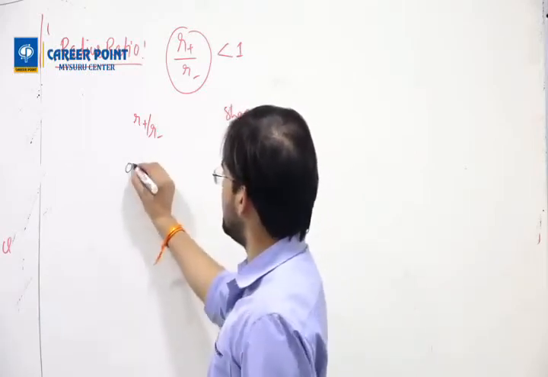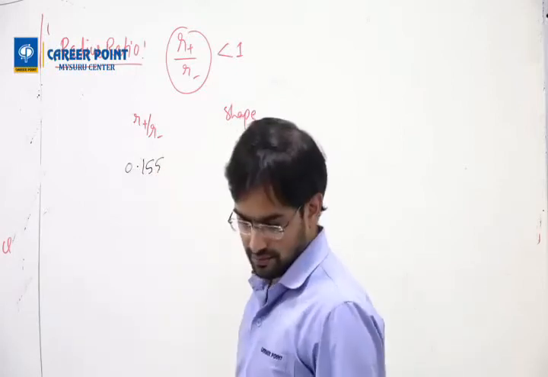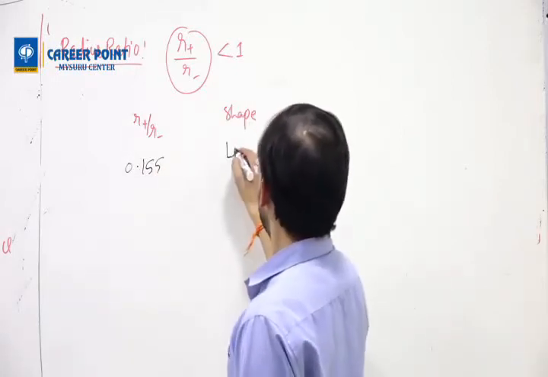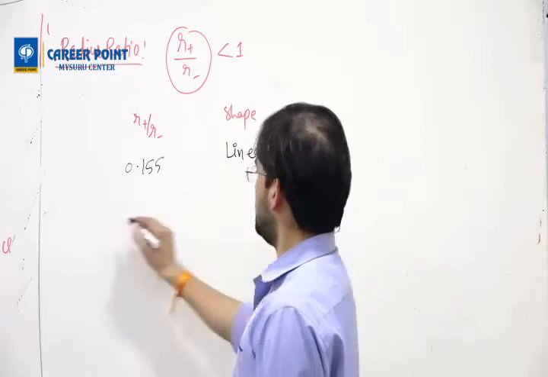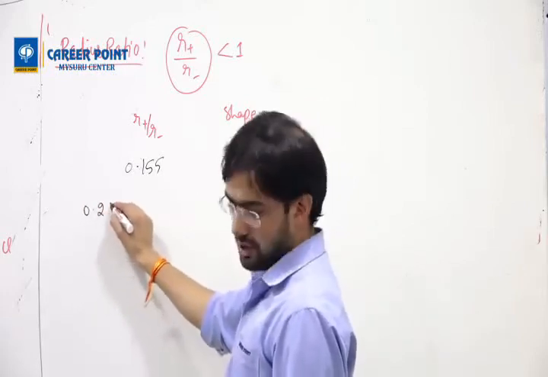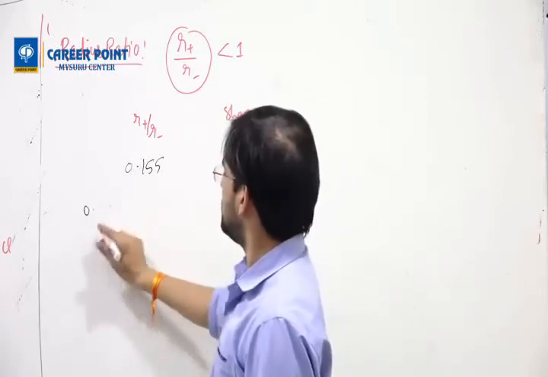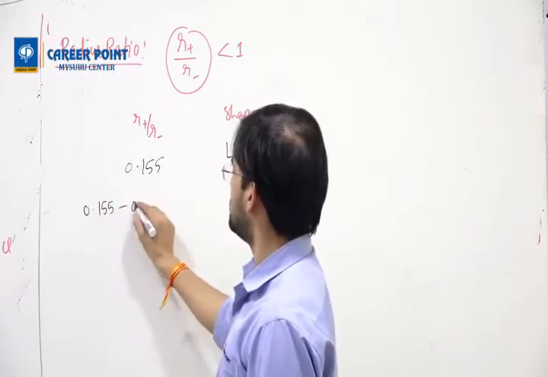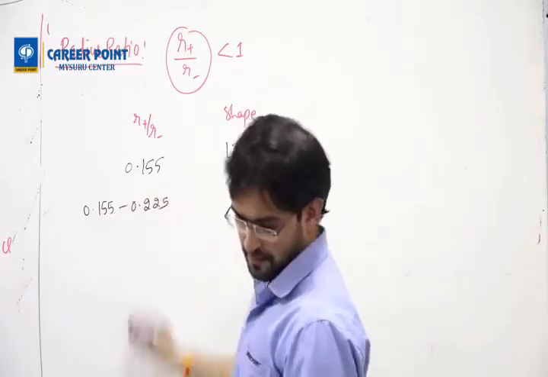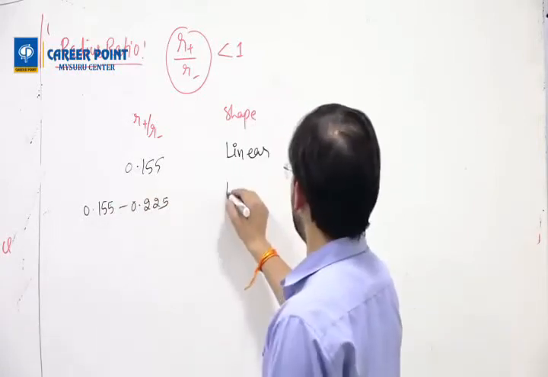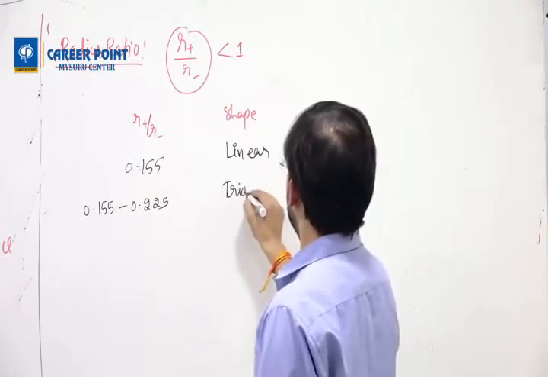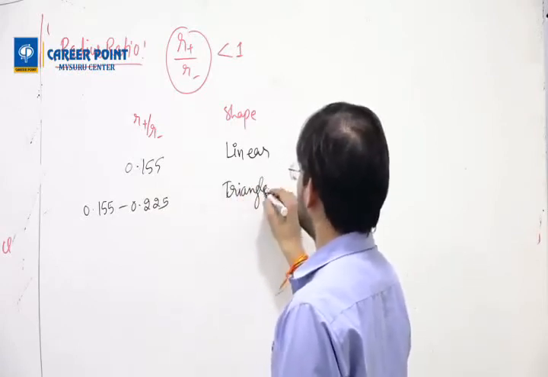If it is less than 0.155, then it is known as linear. If it is in the range of 0.155 to 0.225, it is known as triangular.